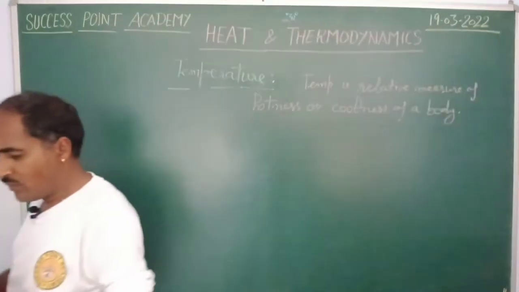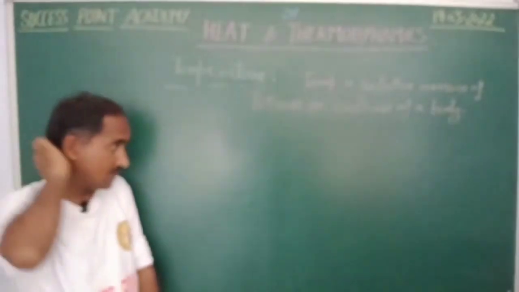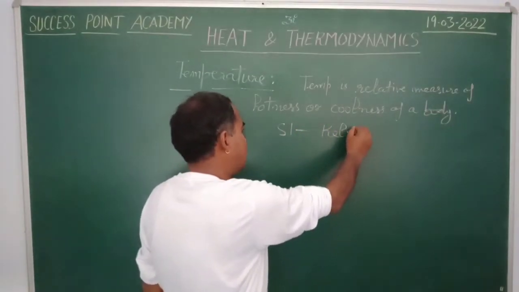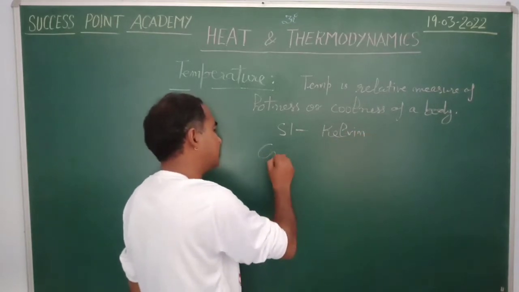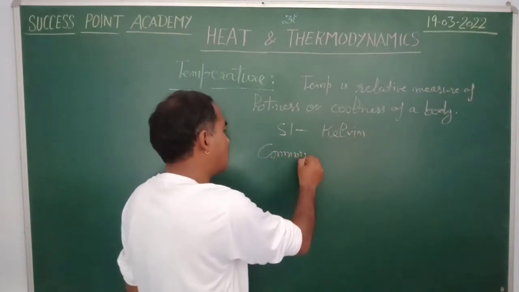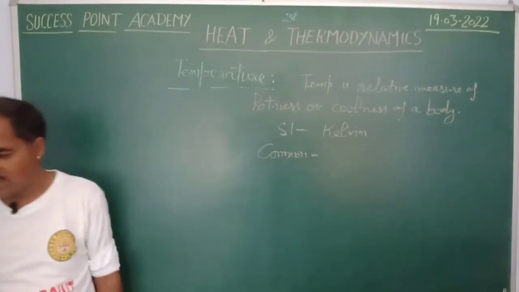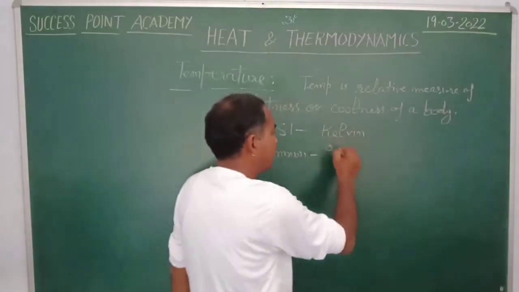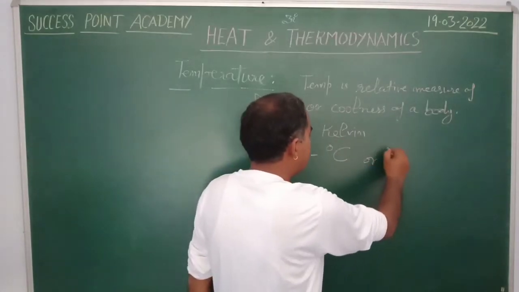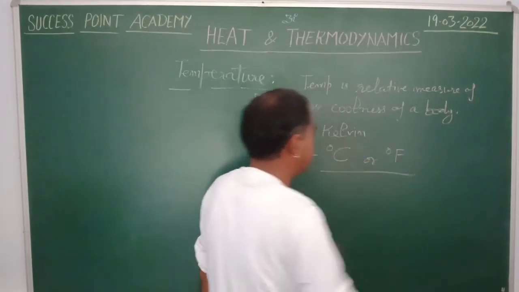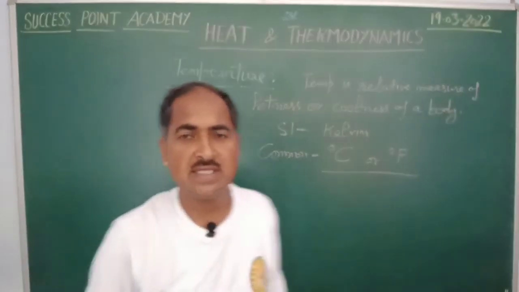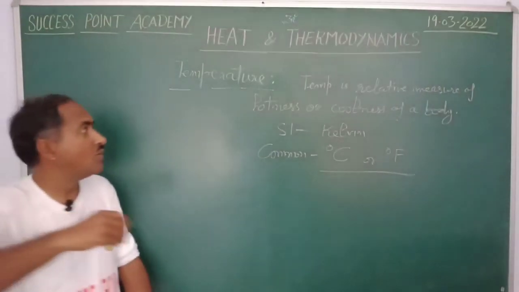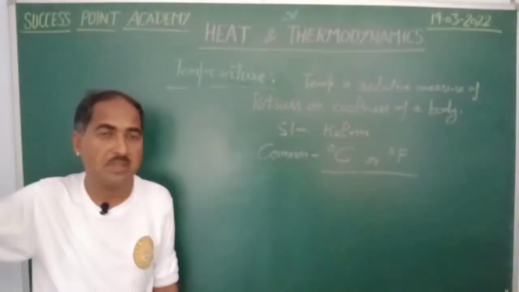This is what we call temperature, whose SI unit is Kelvin, and if we talk in terms of common naming, then the commonly used unit is either degree Celsius or degree Fahrenheit. So students, these are the units of temperature. Now one thing is clear, what is temperature.